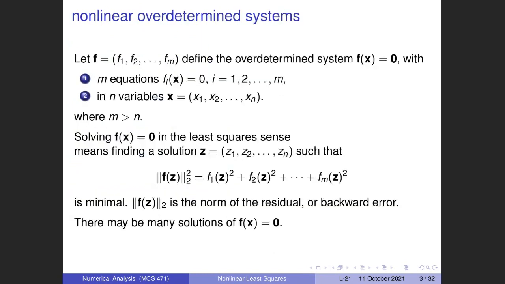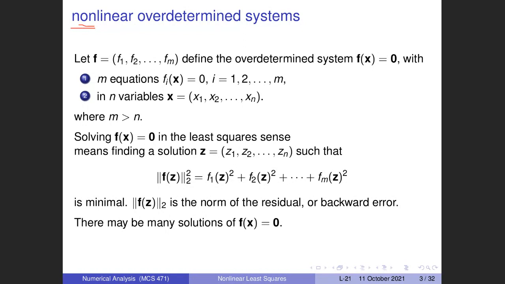All right, what's the problem that we are considering now? We have a nonlinear system, so let me emphasize the non here. So we will still be doing a lot of linear algebra, but it is motivated by an overdetermined system of m equations in n variables.